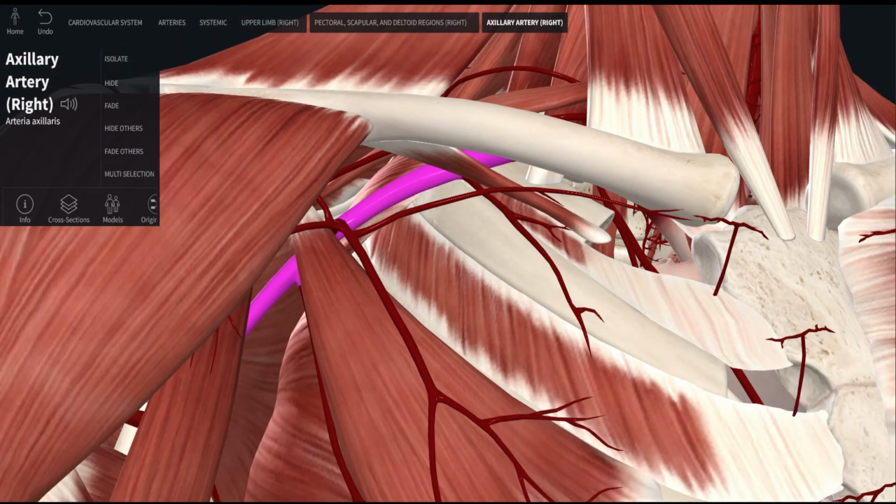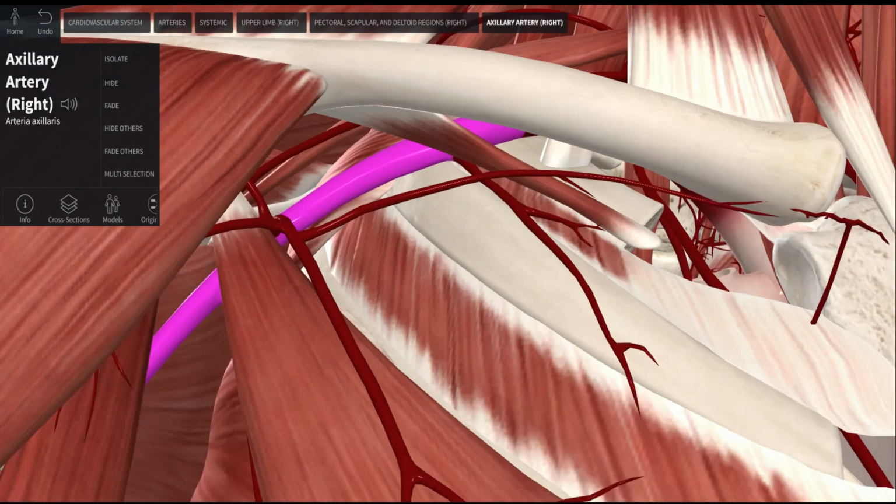Although in this model it has been shown to be both first and second intercostal spaces, in the textbooks I have seen it written that it is the first intercostal space with the external intercostal muscle only. So it might vary a little bit, or this model might be wrong.